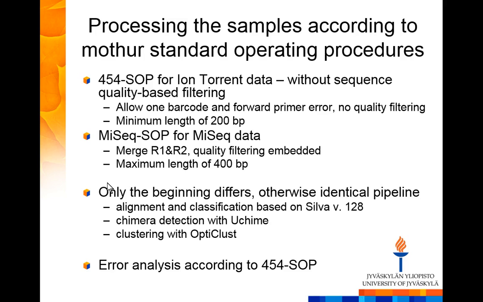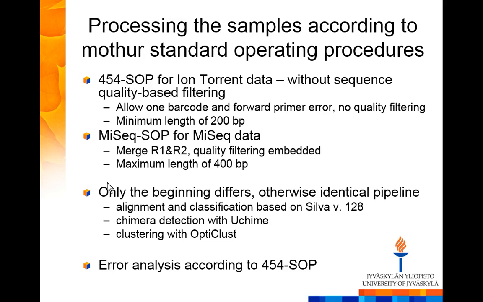So not something that I invented myself, but an established procedure. The only difference was that I didn't use sequence-based quality filtering for the Ion Torrent data. And I will tell you later why I didn't do that. But in essence, only the really beginning of the pipeline differs. Otherwise, it's an identical pipeline.